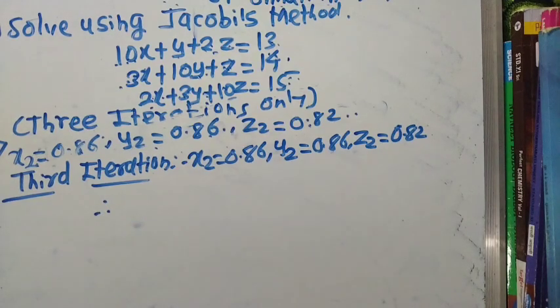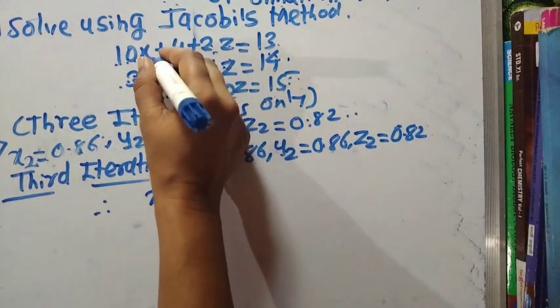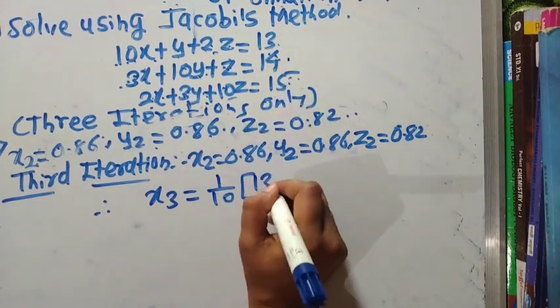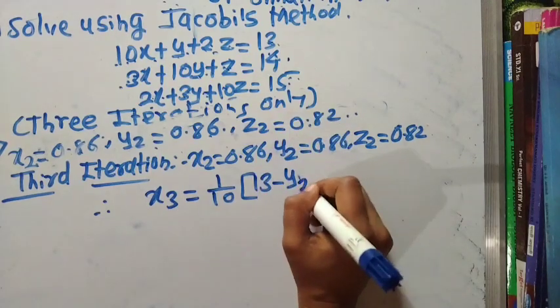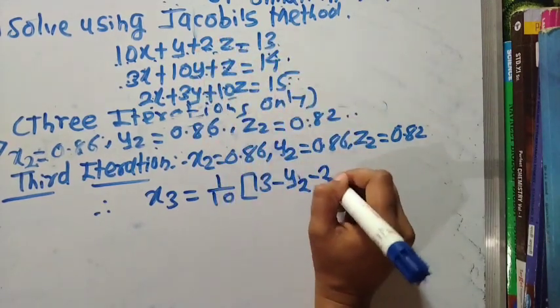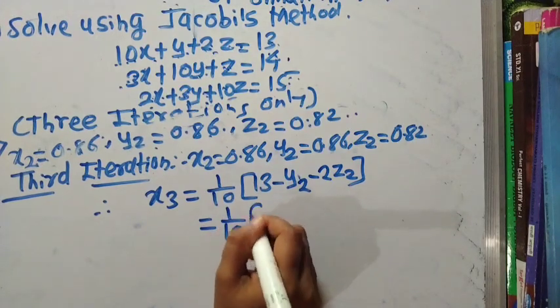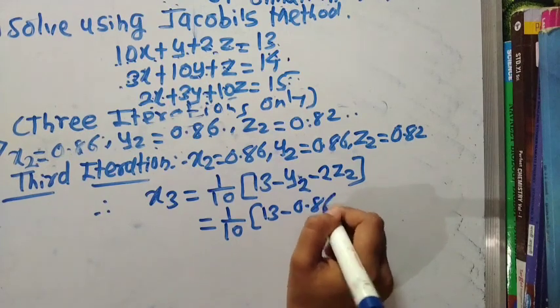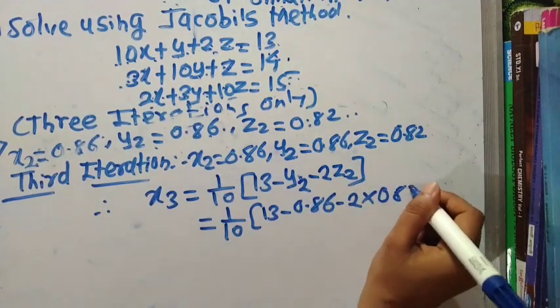Hence, first find out x3, which is equal to 1 divided by 10, 13 minus y2 minus 2z2, which is equal to 1 divided by 10, 13 minus y2 minus 2 into z2, 0.82.